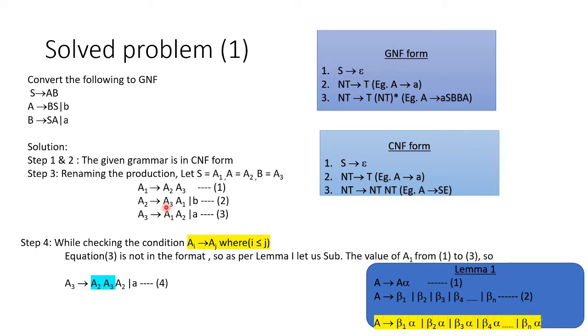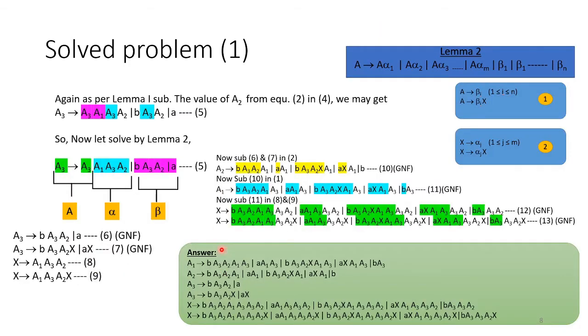Now A2 has two values, A3 A1 and B. As I have two values, I substitute twice and create this grammar. So I have merely substituted, and now I have a grammar that looks like this.